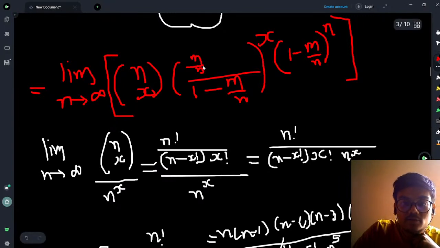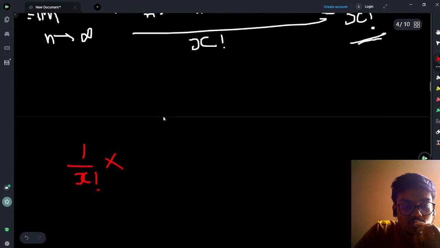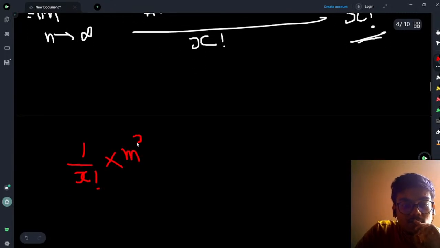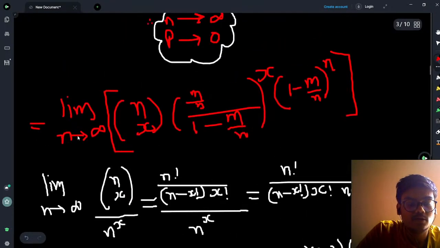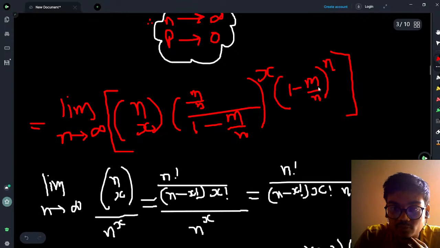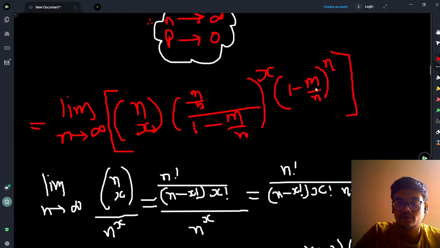And here, if you remember, I took n raised to x from here and divided by here, as you can see. So here we have m raised to x. Now if we are giving this limit to this function, after putting the limit we are getting 1 raised to infinity, and we have a formula for solving questions of 1 raised to infinity directly.